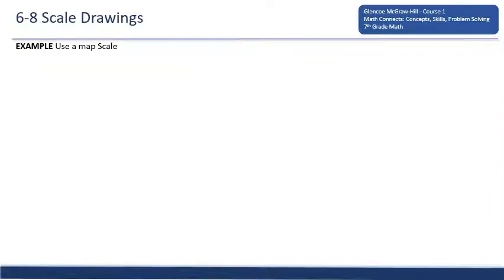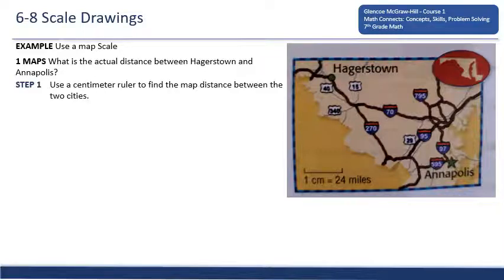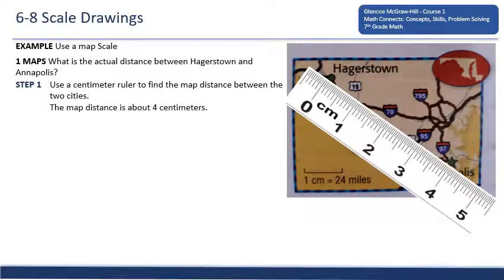Example, use a scale map. 1. Maps. What is the actual distance between Hagerstown and Annapolis? Step 1. Use a centimeter ruler to find the map distance between the two cities. The map distance is about 4 centimeters. Step 2.